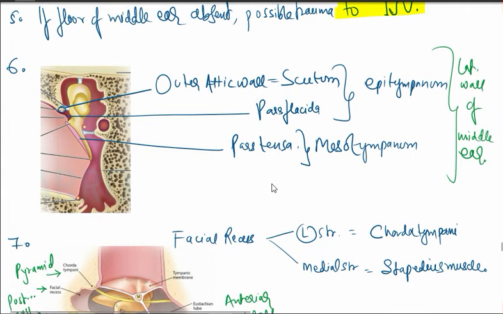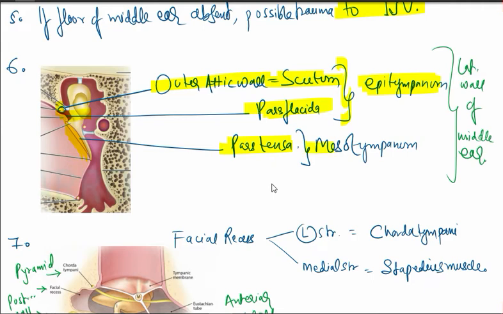So what is this diagram showing? This is laterally placed. This is the outer attic wall, also known as the scutum, and just below this, what is this? Pars flaccida. These two structures together are in the epitympanum. And laterally, this is the pars tensa, the tense part of the tympanic membrane.